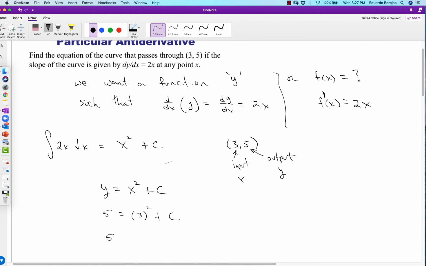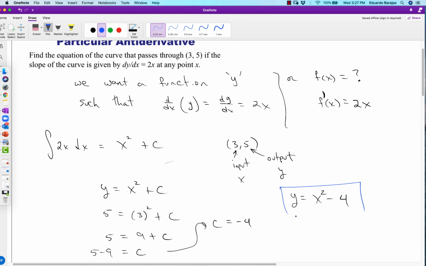So this is 5 equals 9 plus c. So therefore, 5 minus 9 equals c, or we get that c equals minus 4. And finally, we can get to our answer then. So y equals x squared minus 4 is the equation that satisfies the conditions given.